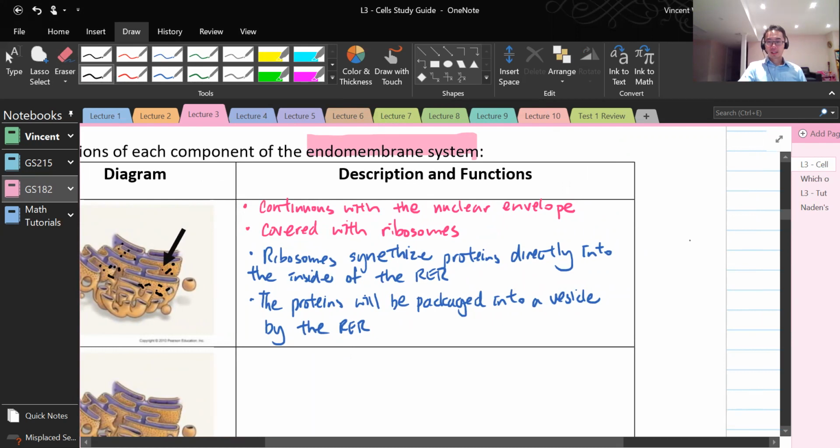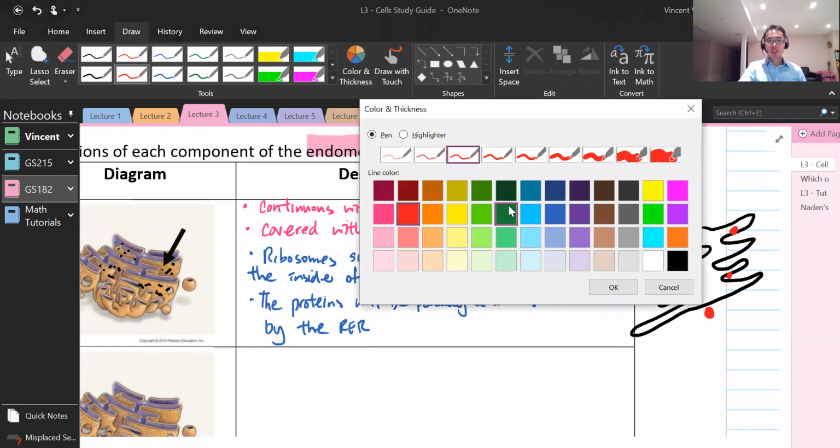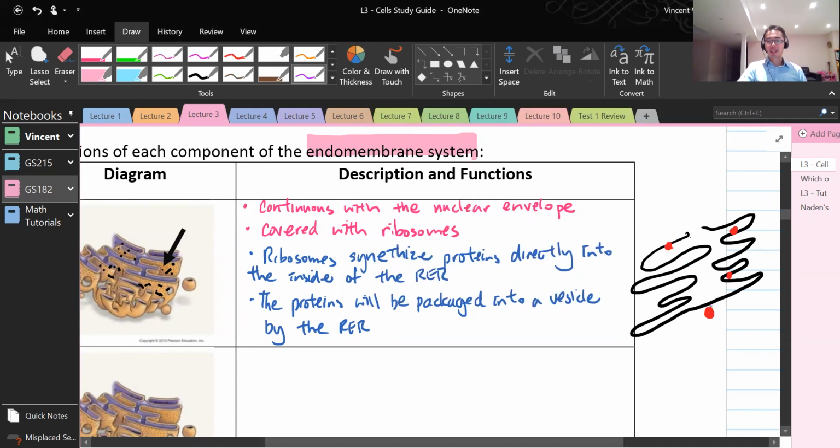If you think about this as the rough ER, and here is my ribosome sitting on it, the ribosome will make a protein, the polypeptide of amino acids that we learned last class. The protein will be synthesized directly inside the rough ER, and then fold up into its three-dimensional shape. It will migrate towards the edge, and a bubble will bud off from the edge with the proteins in it.